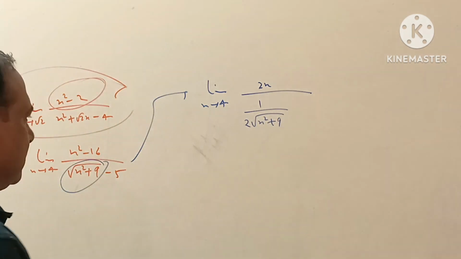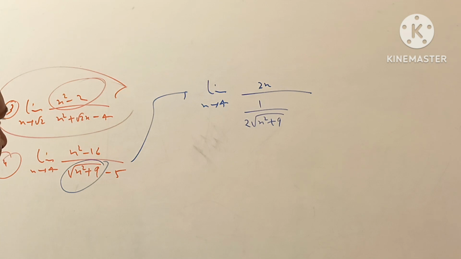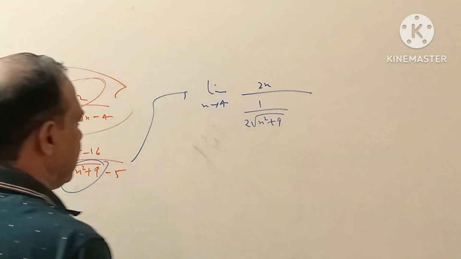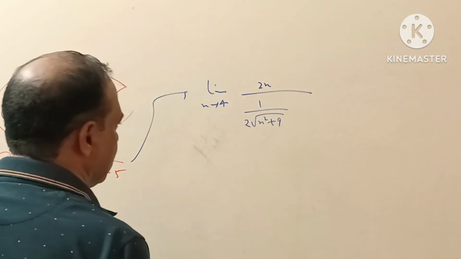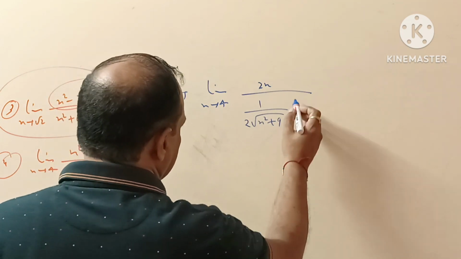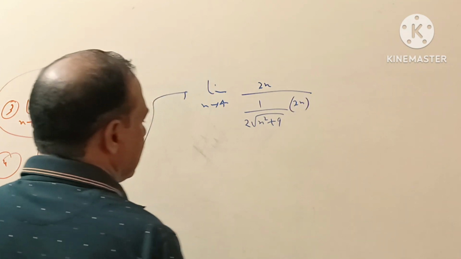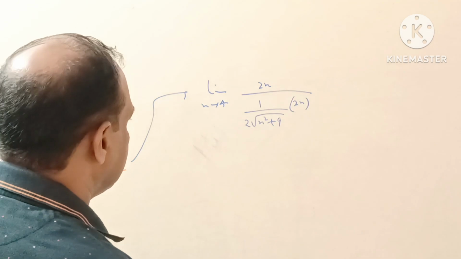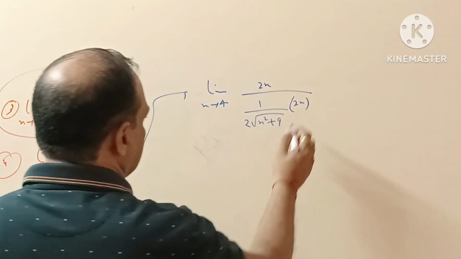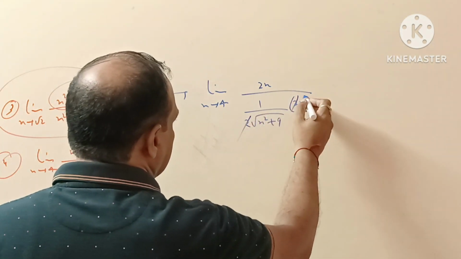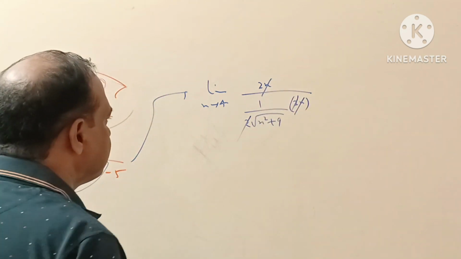The first part is differentiating the square root, and then I have to differentiate the part inside the square root, x square plus 9, which ultimately gives me 2x, because plus 9 is equal to 0. Now both the 2s will get cancelled out, and the x will get cancelled out.